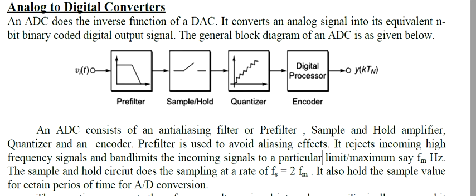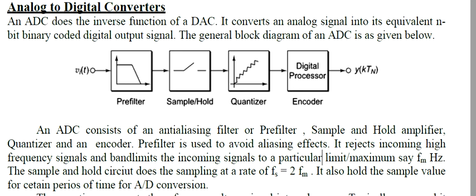And what is the function of the sample and hold circuit? It samples the incoming signals at a sampling rate Fs equal to 2 FM, and it also holds the sample value for a certain period of time. Then the quantizer quantizes the sampled signal. That means the quantizer segments the reference voltage range into sub-ranges.